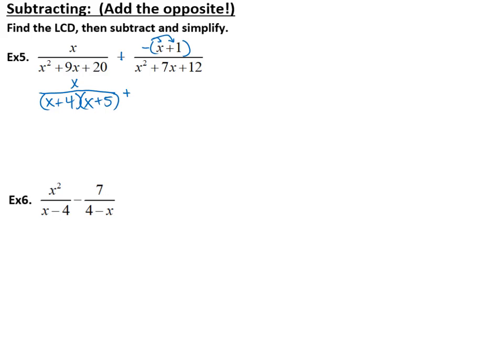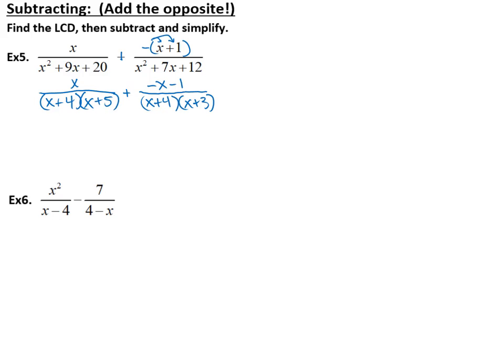Our second one, now remember we made this addition already. And up top, this is going to be negative x minus 1. And let's go ahead and factor this. Factors of 12 that add up to 7 are 4 and 3. And I believe they are both positive here as well. Okay, so just doing an x factor there. That's what that one factors as.